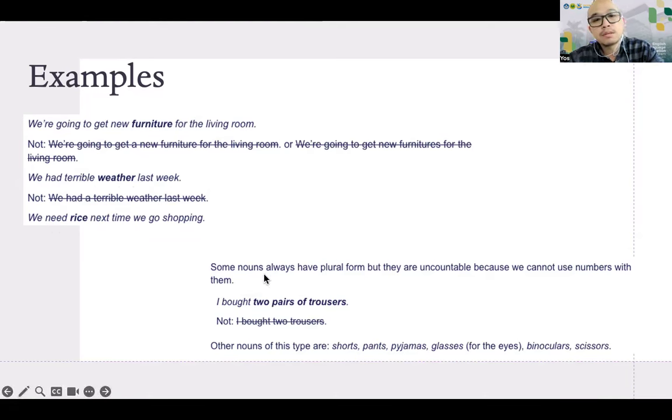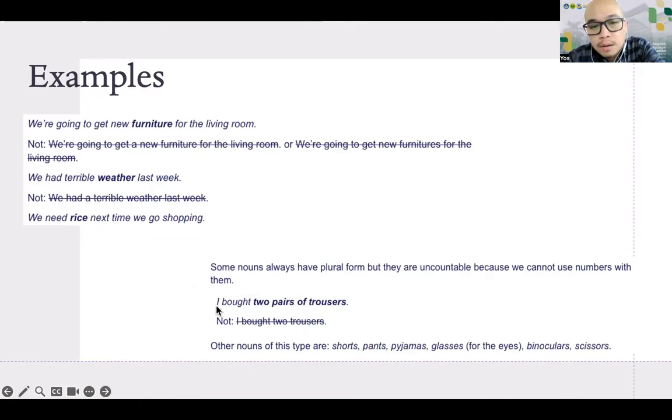Some nouns always have plural form, but they are uncountable because we cannot use numbers with them, like trousers. I bought two pairs of trousers. But we cannot say, I bought two trousers. No, we cannot say that. We can say two if they have units, like pairs.